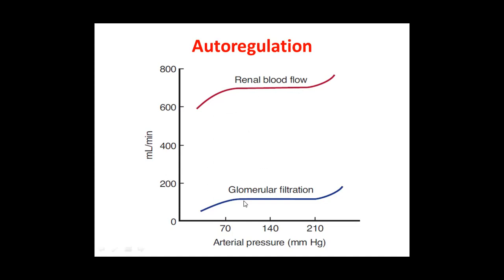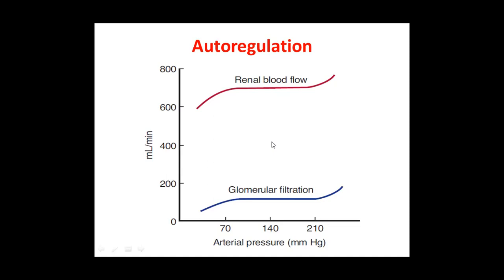That means within a physiological range, even with an increase in the perfusion pressure, the flow per unit time to a particular organ will not change, and that is the definition of autoregulation. And that autoregulatory phenomenon is clearly visible in the kidney also.